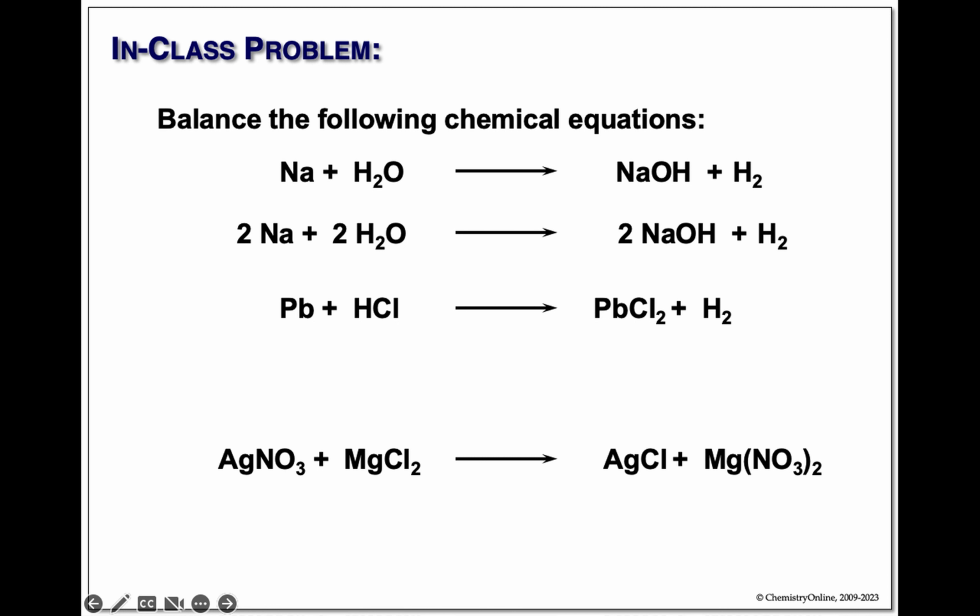Pretty straightforward, I think. If we double the amount of HCl, we now have 1 lead, 2 hydrogens, 2 chlorines on each side.